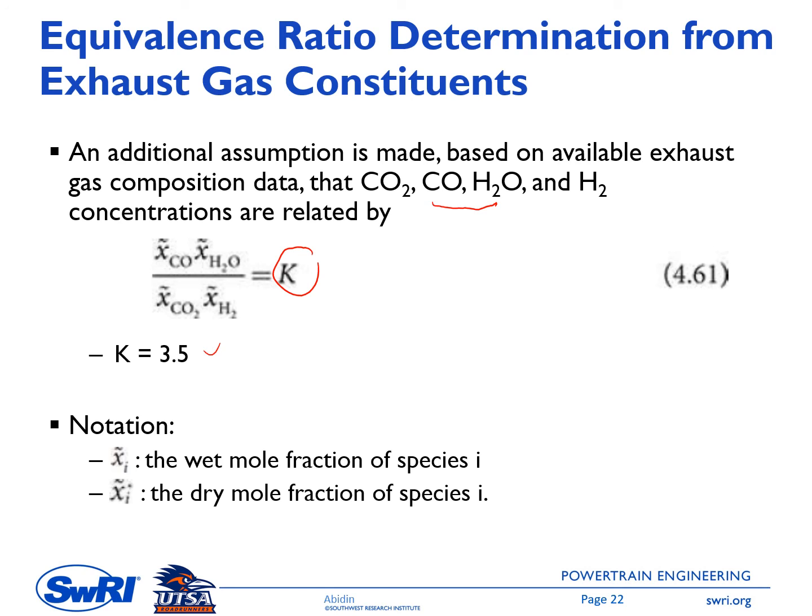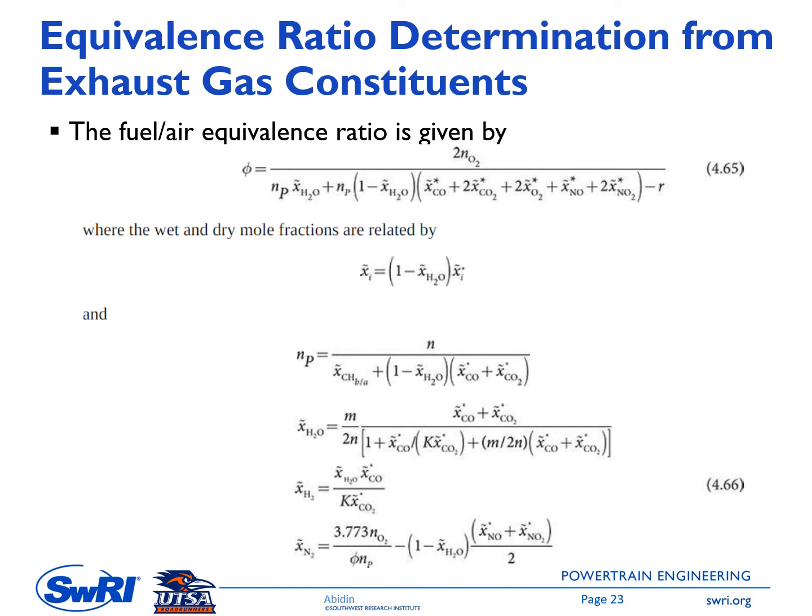So for the x with a star here, this is the dry mole fraction of species i, but the one without star is the wet mole fraction.